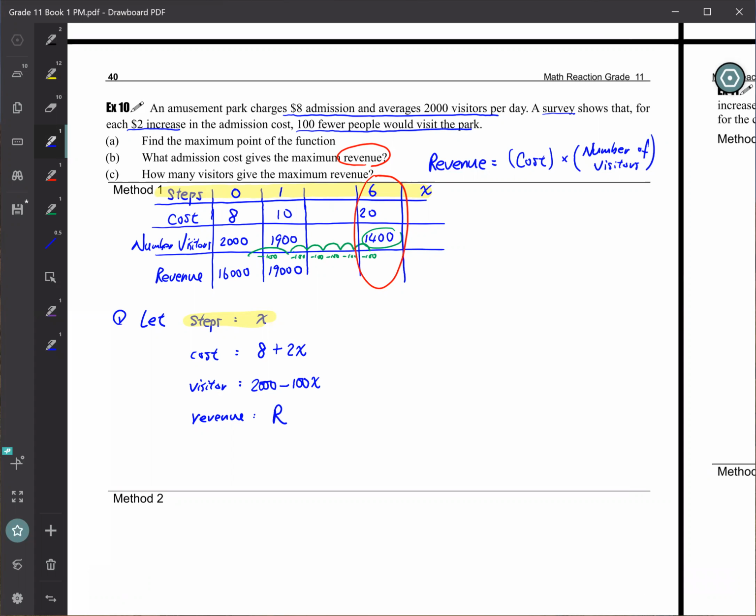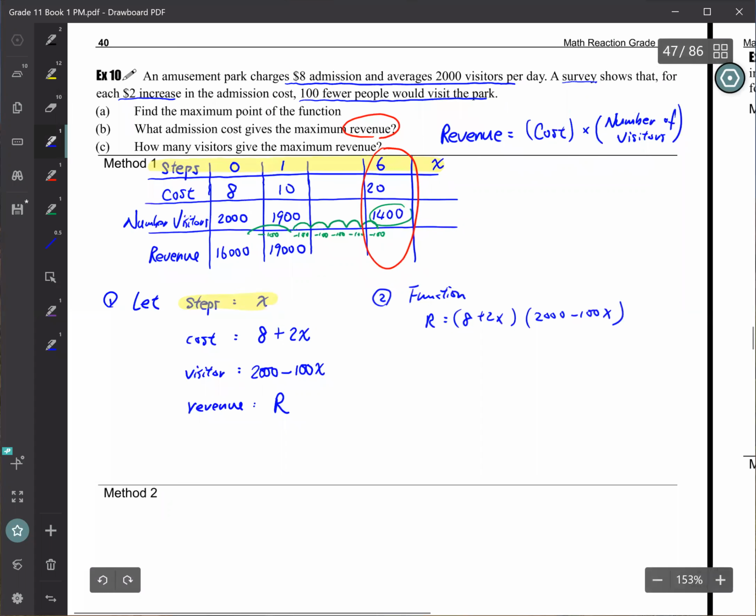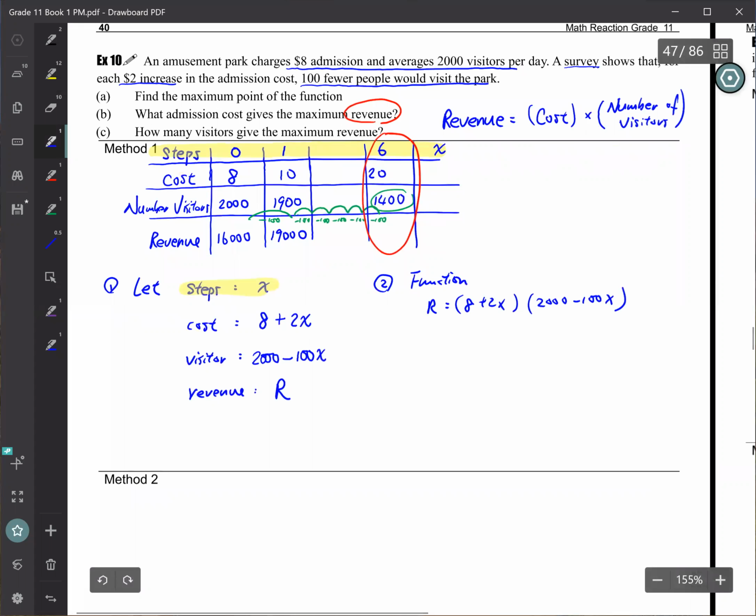Okay, so number 2, now we connect everything together. So function is revenue is cost, which is 8 plus 2x, times it by visitors, 2,000 minus 100x. So once you get here, the rest is just simple algebra. You expand everything here, multiply it out, do the FOIL, and then turn it into general form.